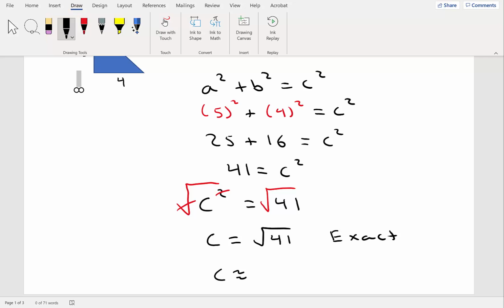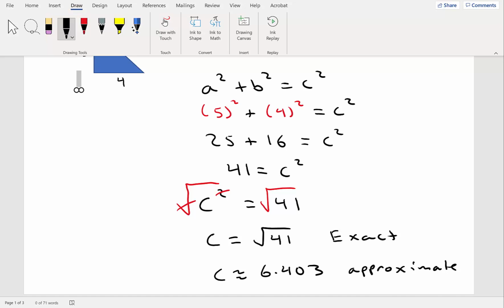But we can't exactly find out what it is unless we use a calculator. Let's round this to 3 decimal places. We get 6.403. This is my approximate solution.